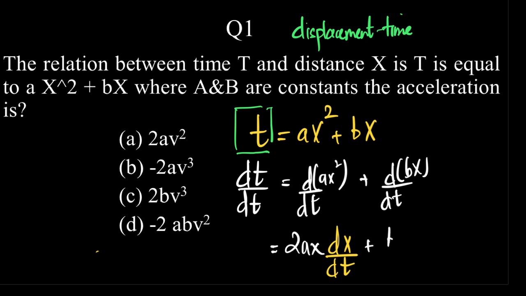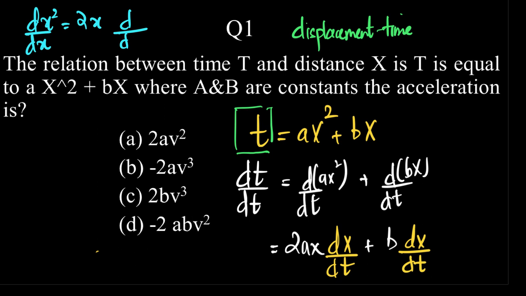Very similarly, the derivative of bx with respect to t is not b alone, it is b into dx/dt. If you have a doubt, I'll make it clear for you. Simple. It goes like this: d by dx of x² is 2x, but d by dt of x² should be 2x dx/dt, provided t and x are functions based on this.